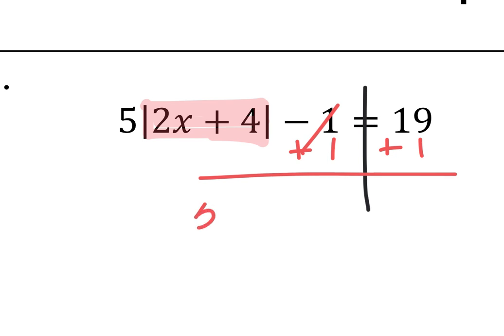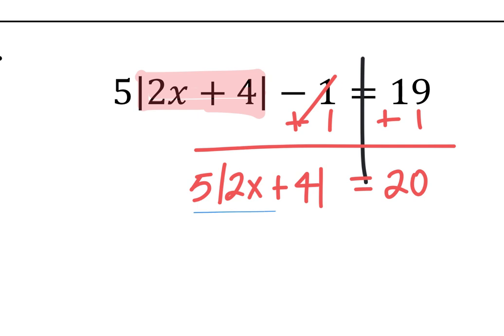So that then I have 5 times the absolute value of 2x plus 4 is equal to 20. Now the only thing left over here is this coefficient. And so since this is being multiplied by 5, I will divide by 5.